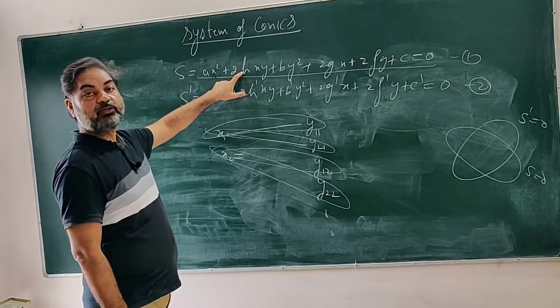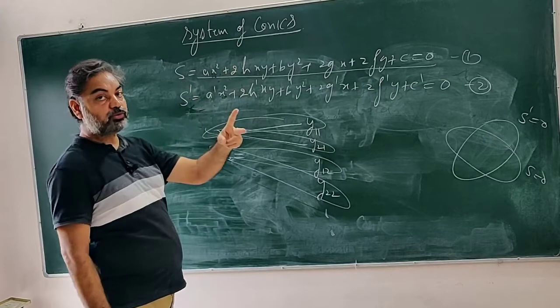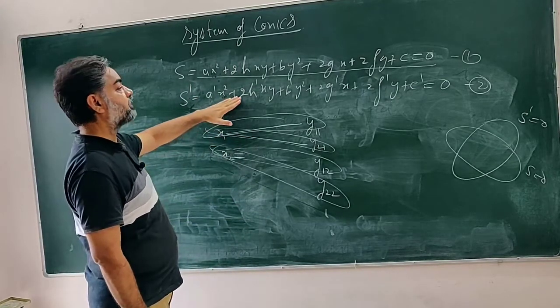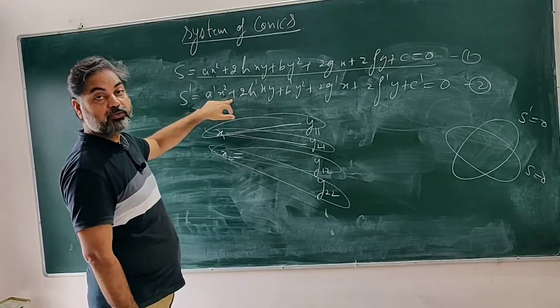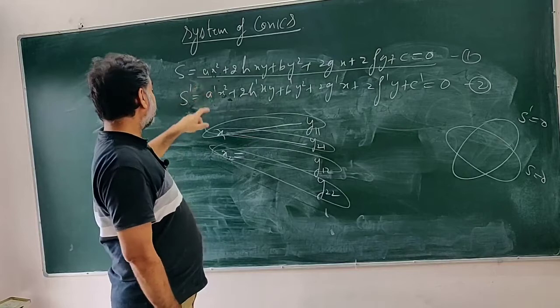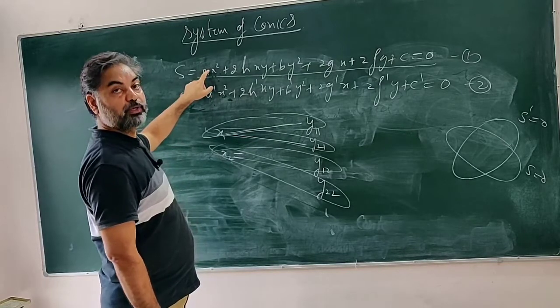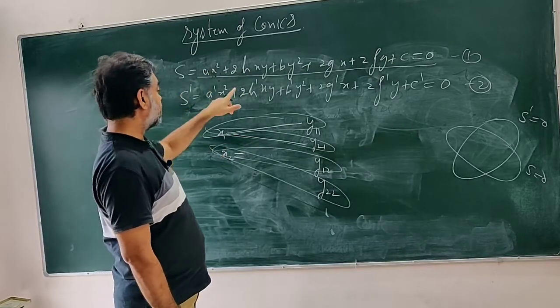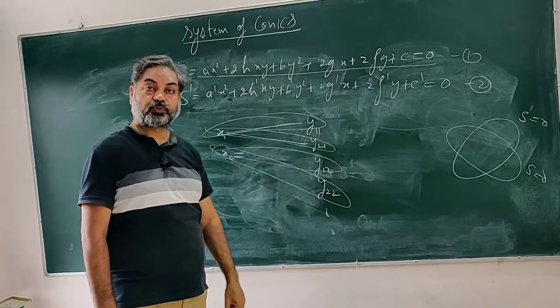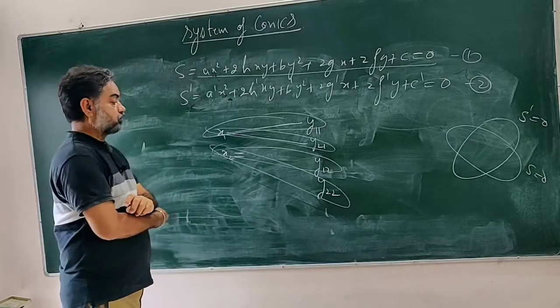Consider this as a quadratic equation in x, solve it, you get two values of x in terms of y. Putting one value of x in terms of y here, you again get a quadratic equation in y, which gives you two roots in y, and putting the second root of x here in terms of y, you again get a quadratic equation in y which gives you two values of y.